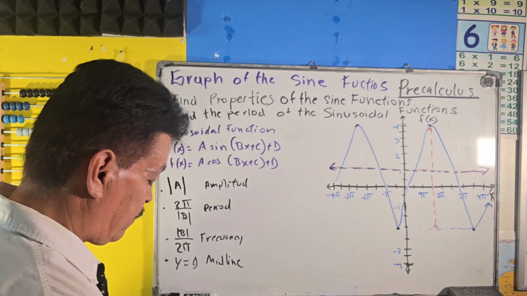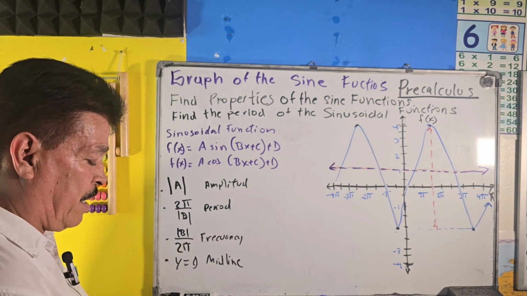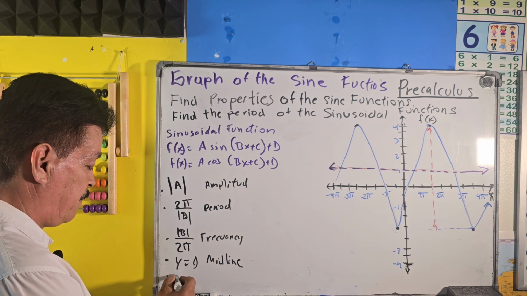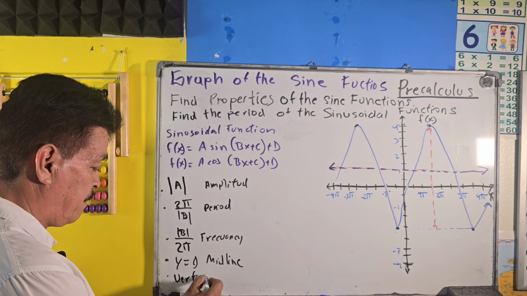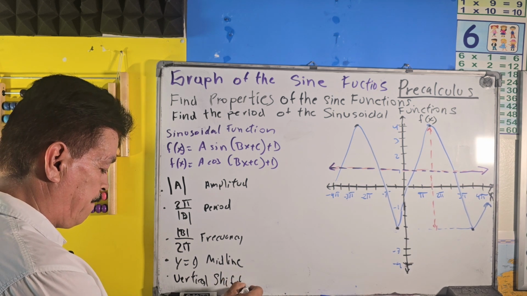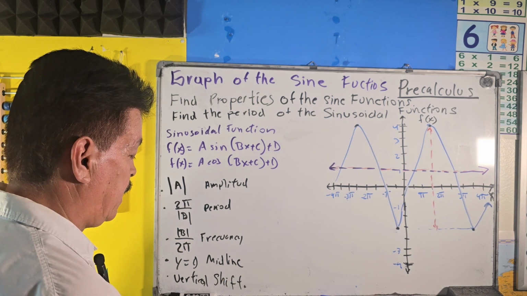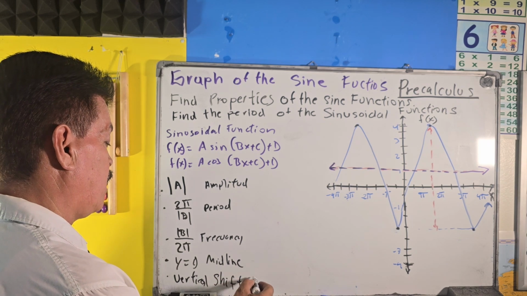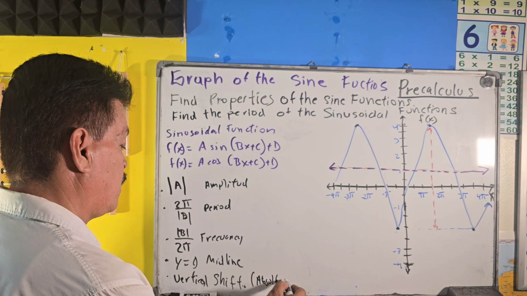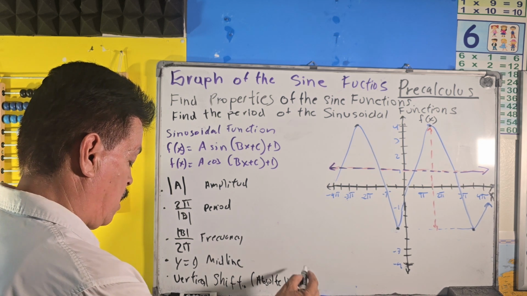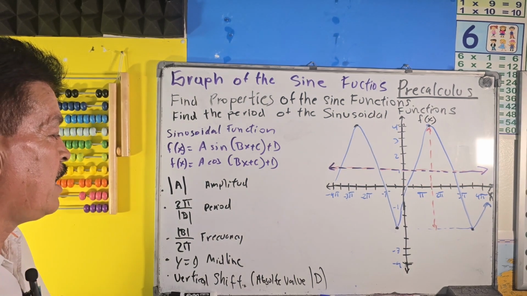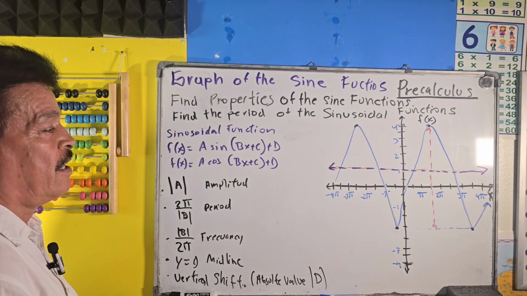Also, we have the vertical shift, which is d. So these are all the characteristics of the graph.